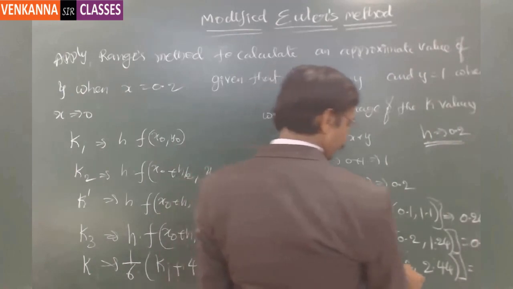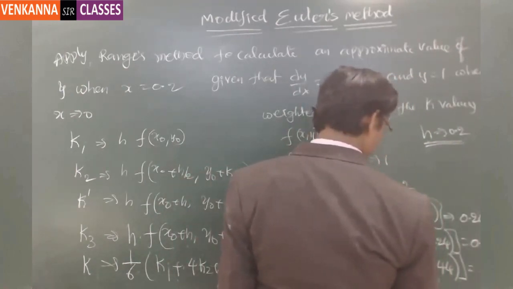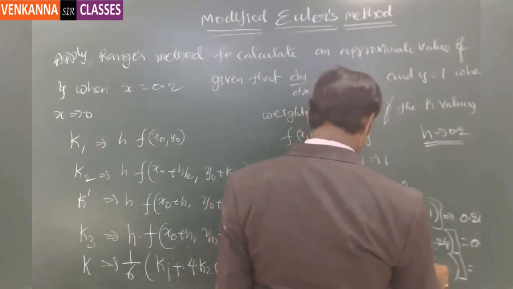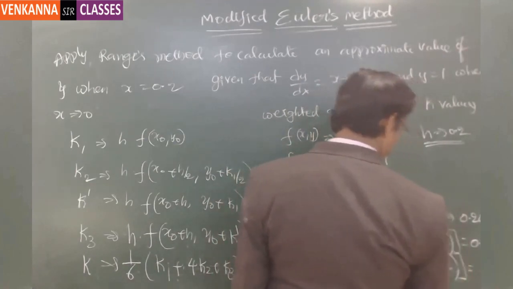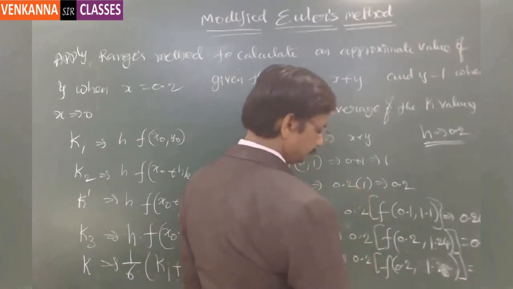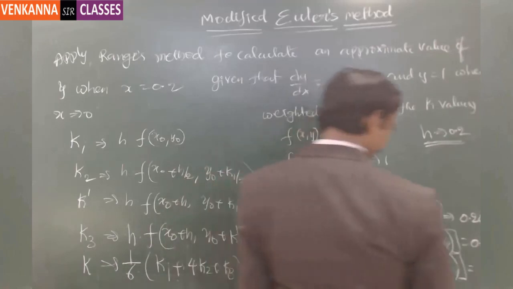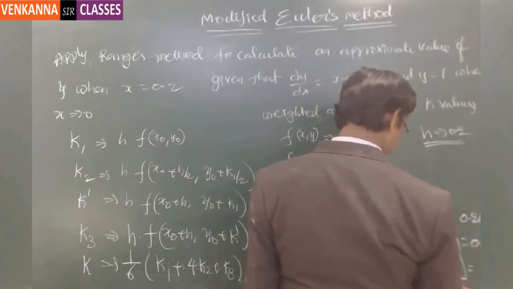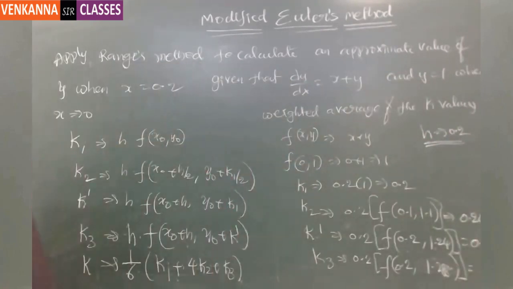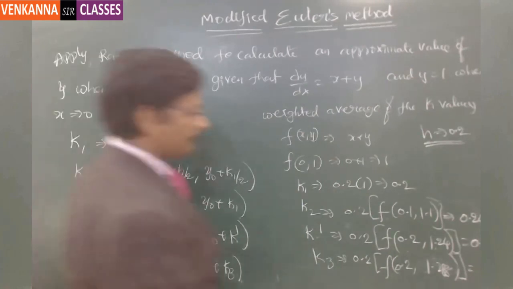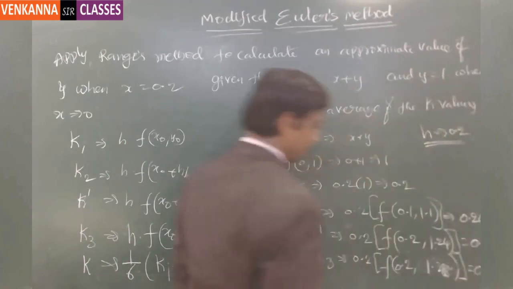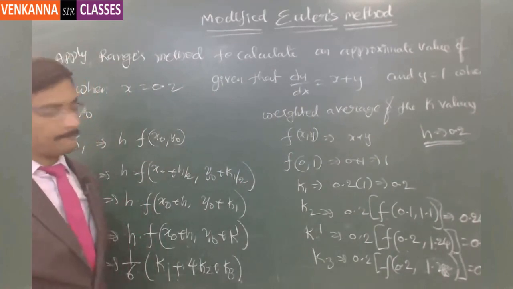And then k3 is 0.2 times of 0.2 plus 1.288, which is 1.488. 1.488 multiplied by 0.2 is 0.2976, about 0.296.